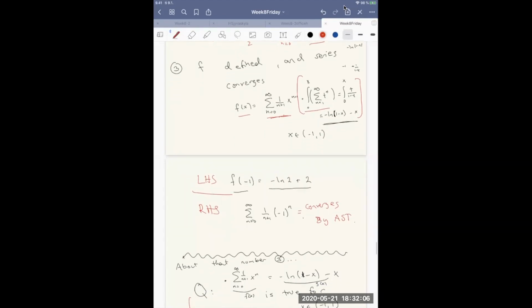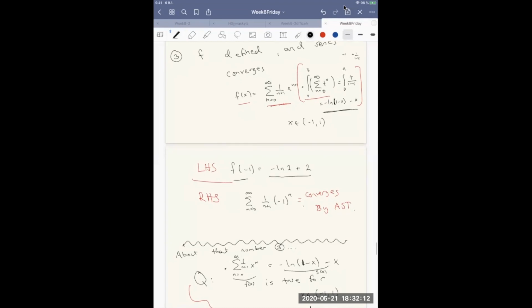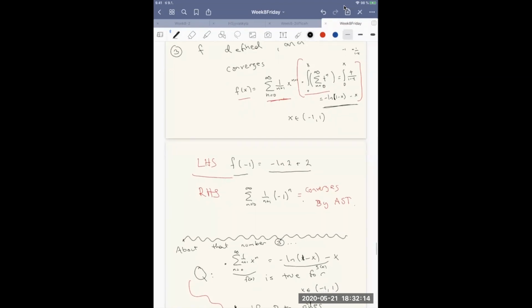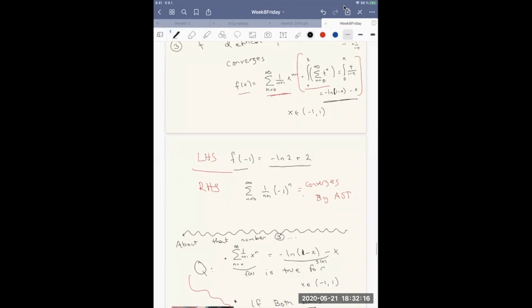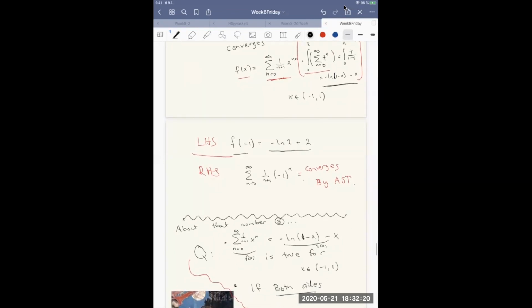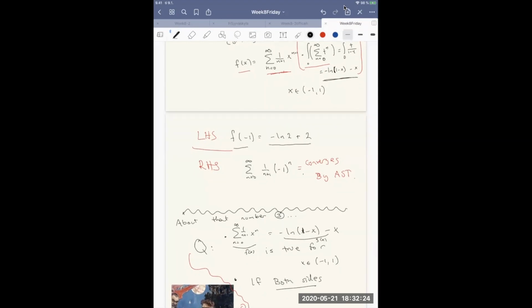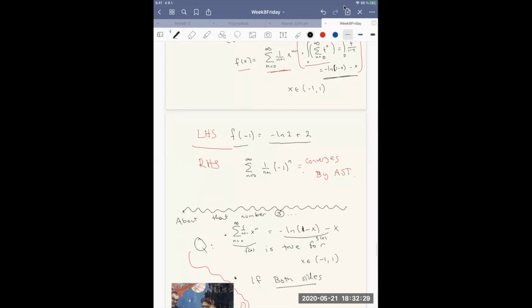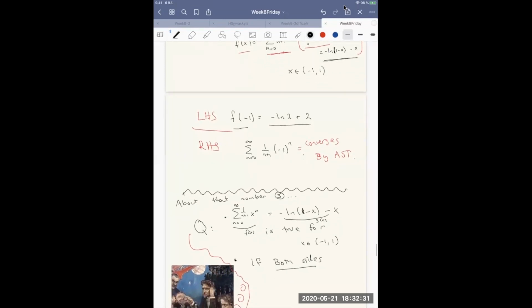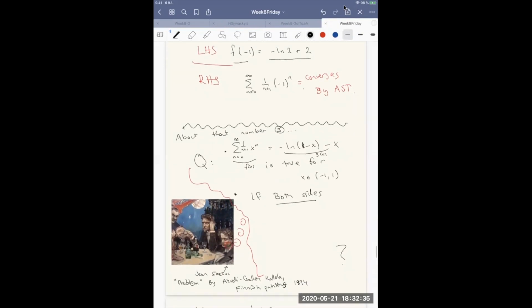But what we have to worry about now is whether these expressions are all defined. The left-hand side and the right-hand side are defined, but do we know that they are equal?